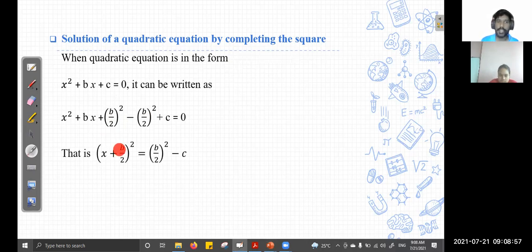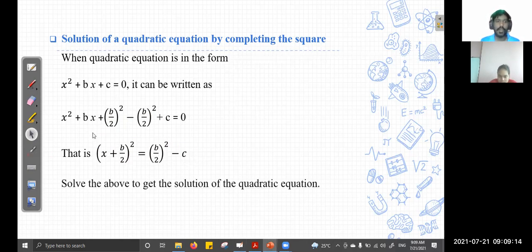So we will get something like this. Now, how we get this, I will explain to you when we do the sum. How do we get x plus b upon 2 the whole square is equal to b upon 2 the whole square minus c? I will explain in the sum, so you will understand it properly. And after solving this, whatever answer you get will be the solution of the quadratic equation.